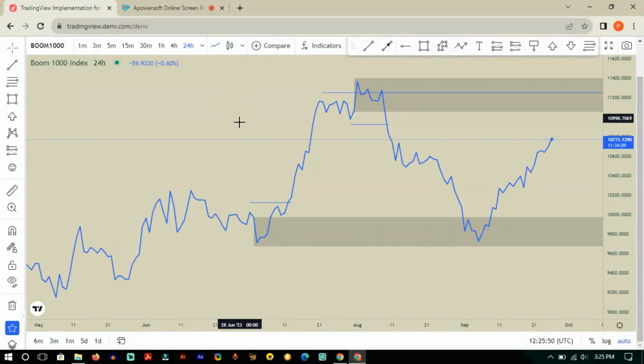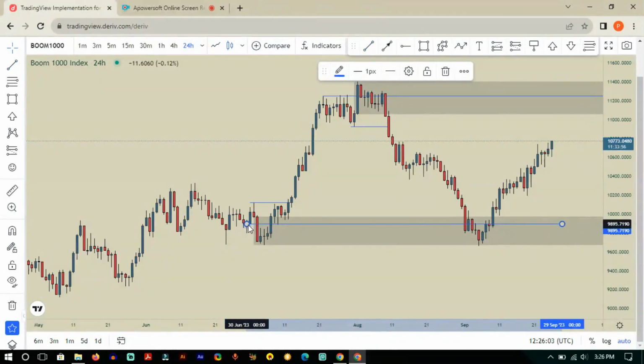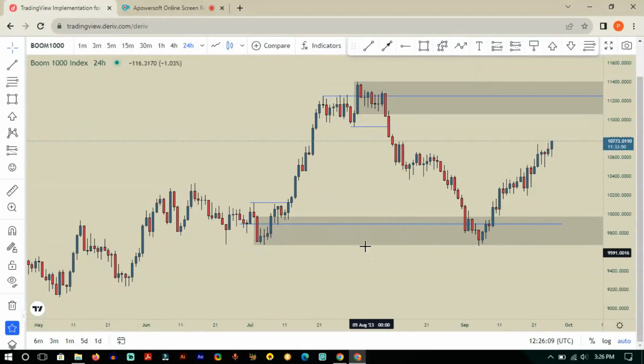We can turn to the line chart and see this point here. At least we are getting more confluences. So sometimes we can turn to the line chart, but this is our level. So that is our level within our area of demand.